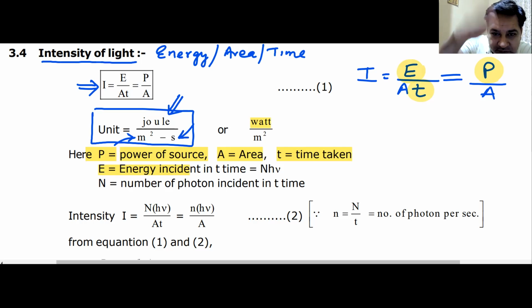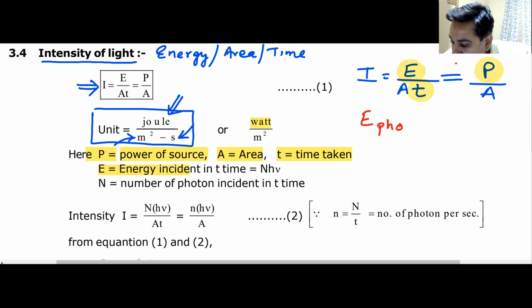A large number of photons are falling on this body. I will multiply the energy of one photon. How much is the energy of one photon? HF. So what will be the total energy?